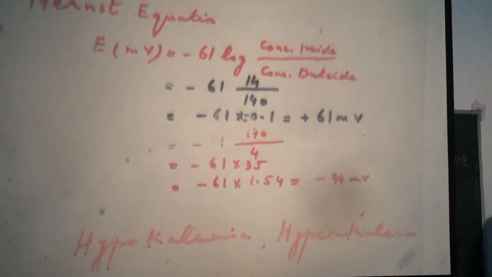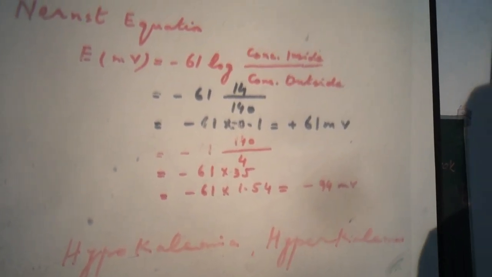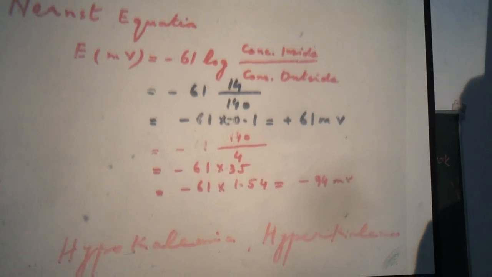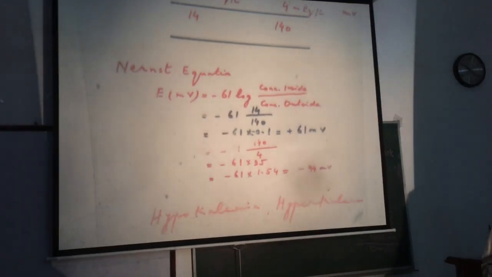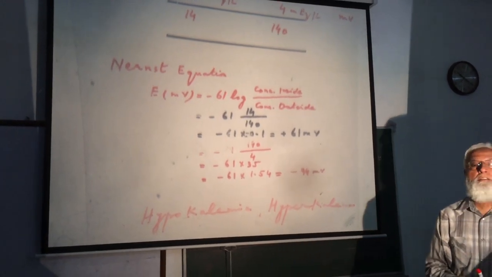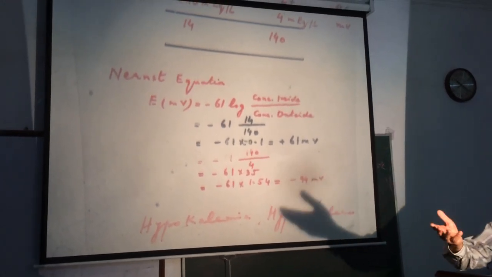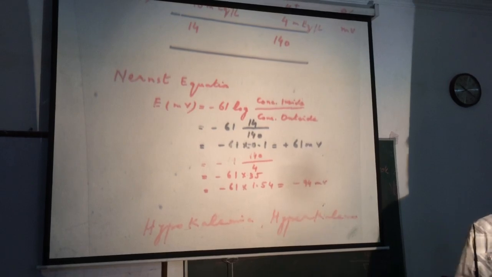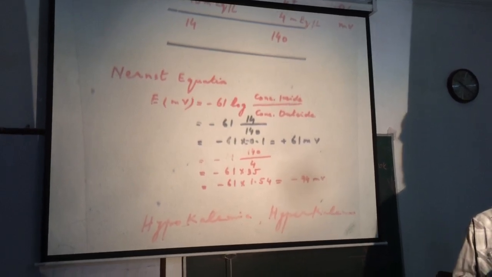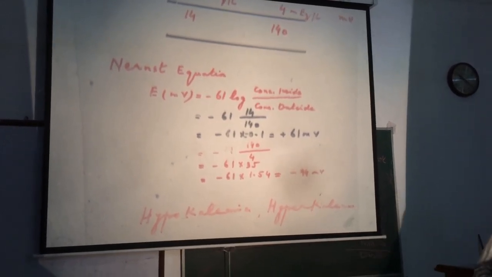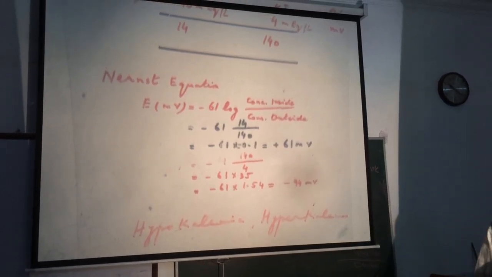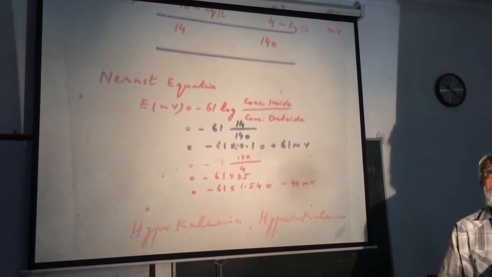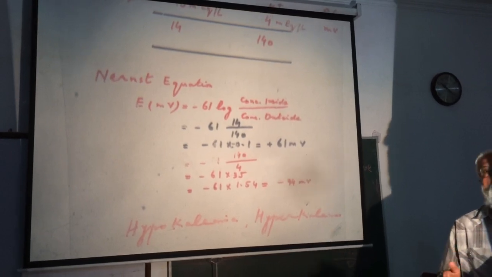Now we have seen that potassium concentration changes in the extracellular fluid have a marked effect on the resting membrane potential. When more potassium is outside, there is less negative resting membrane potential. Less potassium outside the cell or fiber gives more negative resting membrane potential, that is called hyperpolarization.